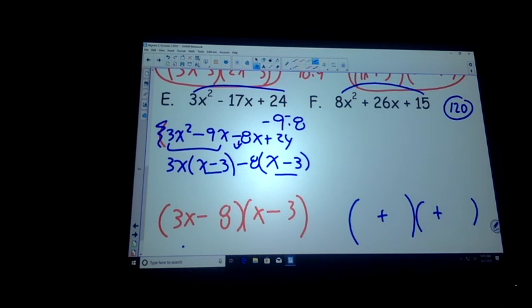Start thinking bigger. What is it, 5 times 24? 20 and 6. There we go. Those will work, both being positive.